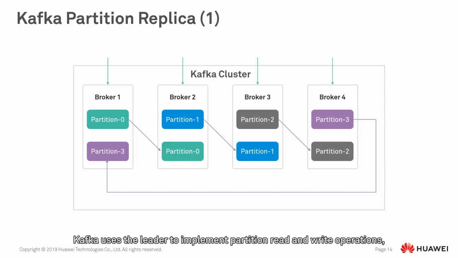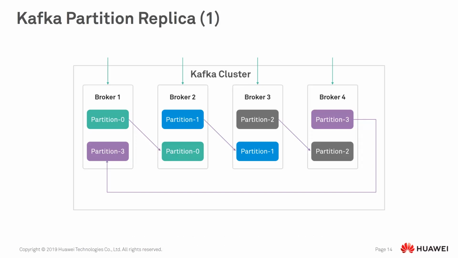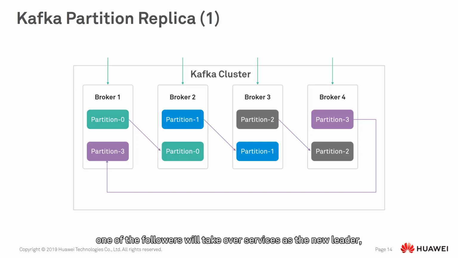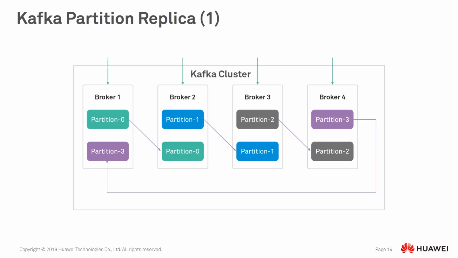Kafka uses the leader to implement partition read and write operations, which means that both consumers and producers read and write data from the leader, and neither of them interacts with followers. Followers only synchronize data. If a leader fails, one of the followers will take over services as the new leader.